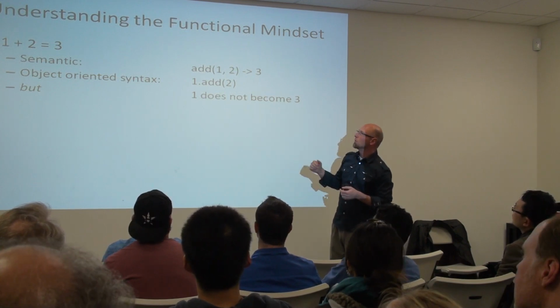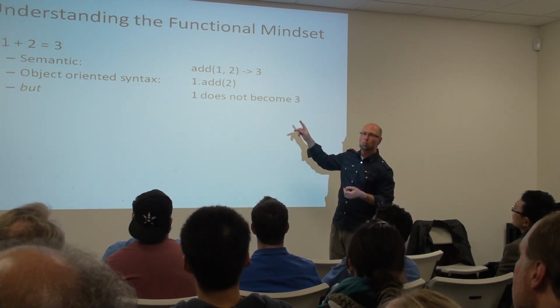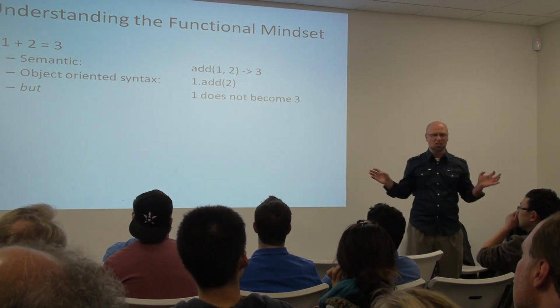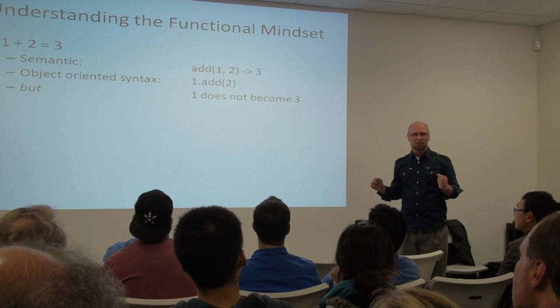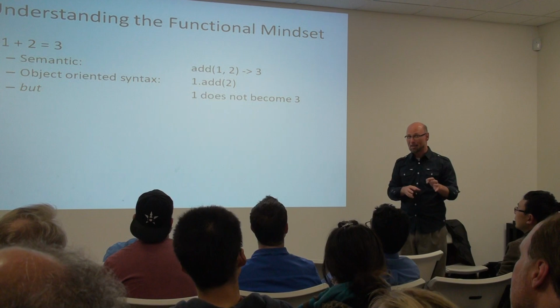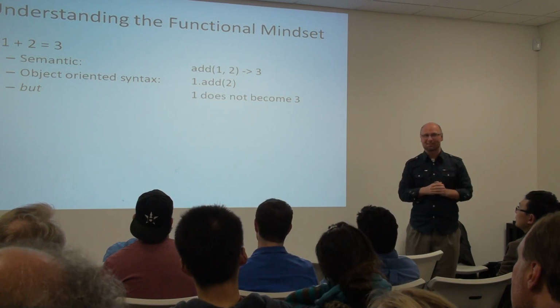Now in the object-oriented syntax, we might do 1 dot add 2. But the important bit here is 1 doesn't change. 1 is still 1. It doesn't become 3, because that would be bad. You get it? All right.